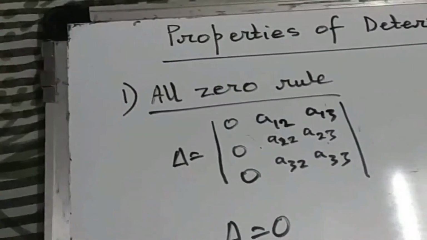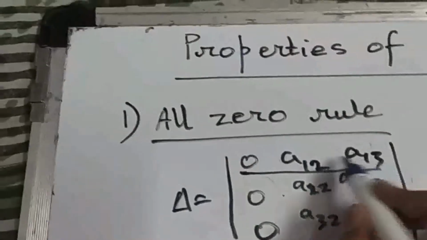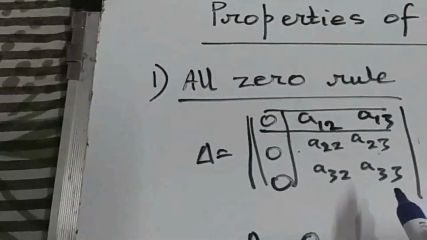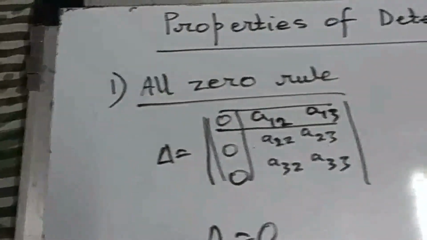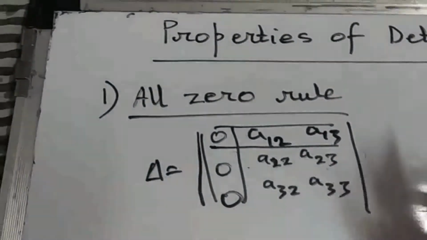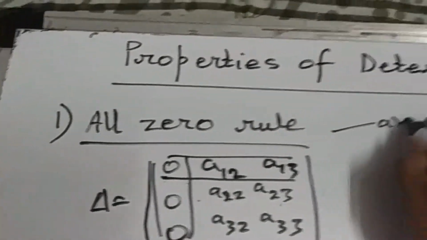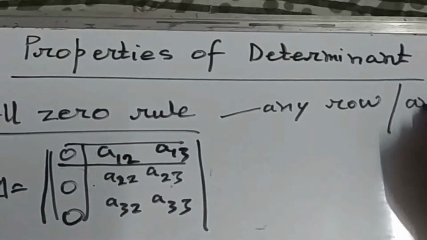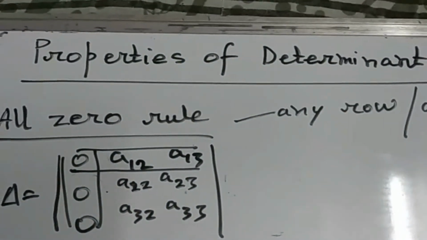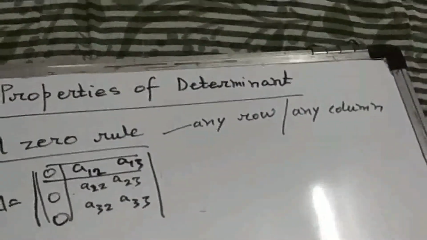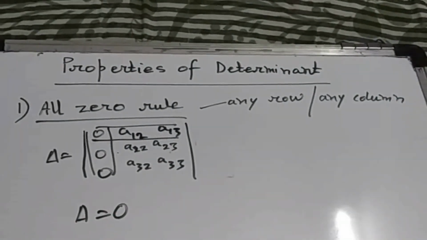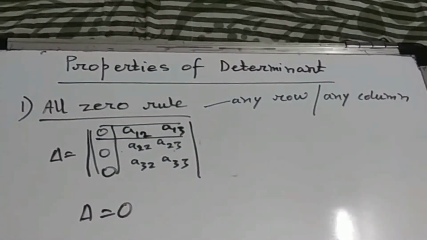It means if any row elements are 0 or any column elements are 0, then the value of determinant will be 0. Any row or any column, if its elements are 0, then the value of determinant will be 0.